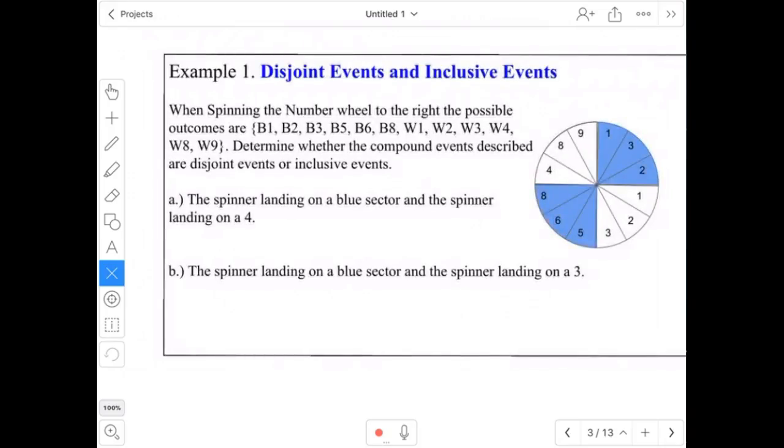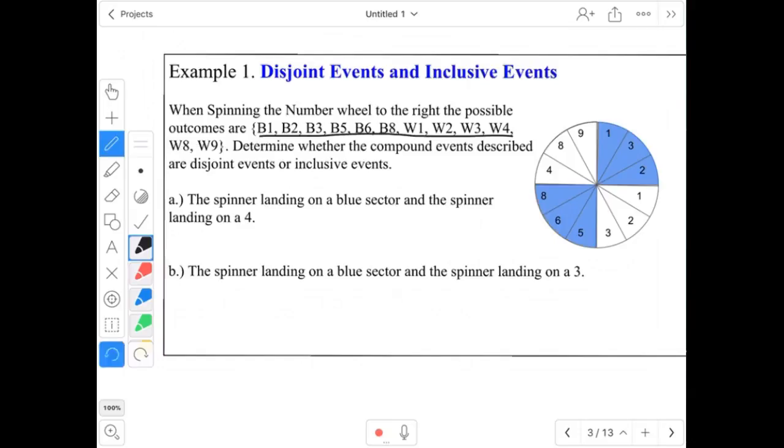So if we take a look at this spinning wheel, we can see half of them are blue, half are white, and they are numbered accordingly so that all of our possible outcomes are laid out for us here. We want to determine whether the compound event described is disjoint or inclusive.